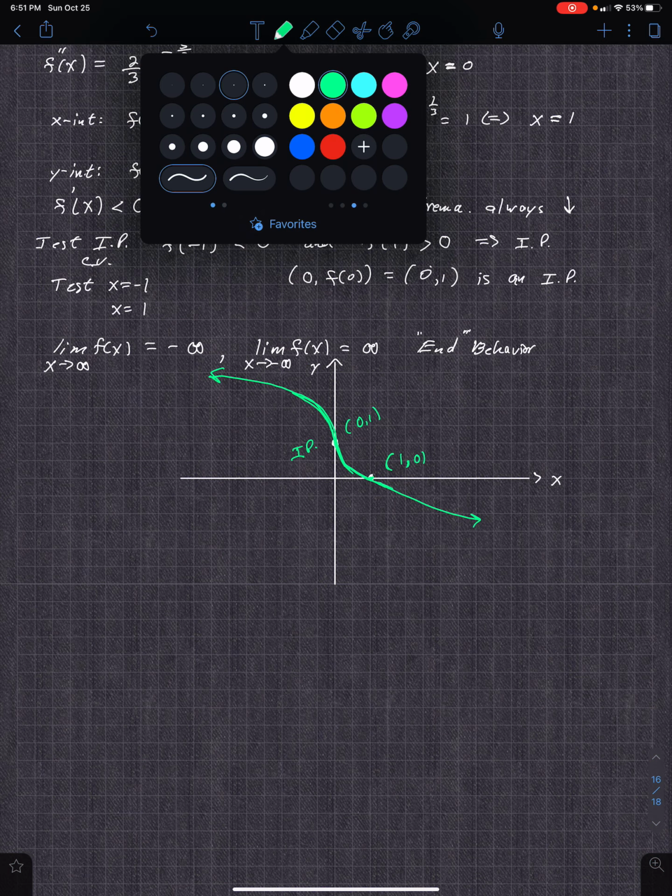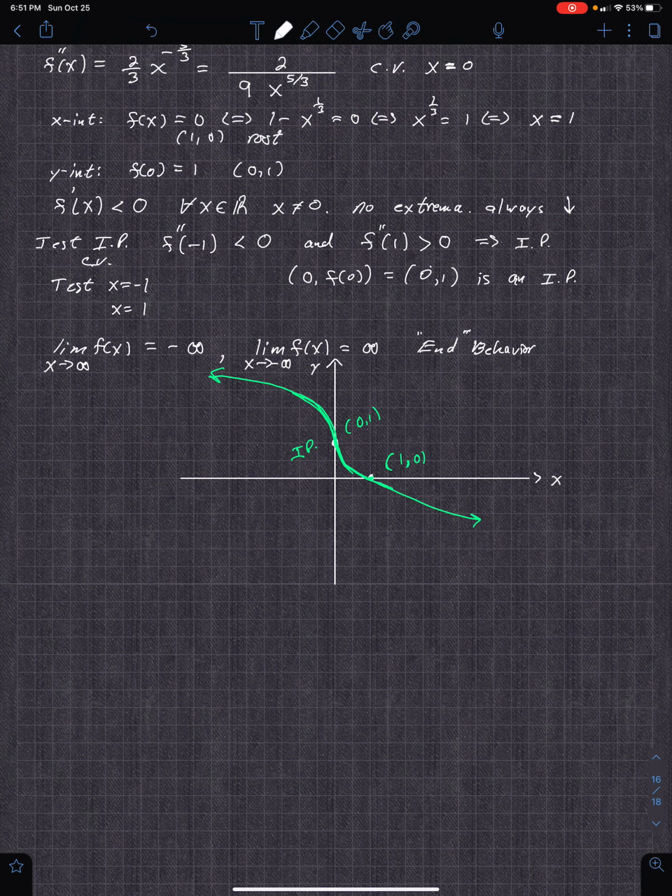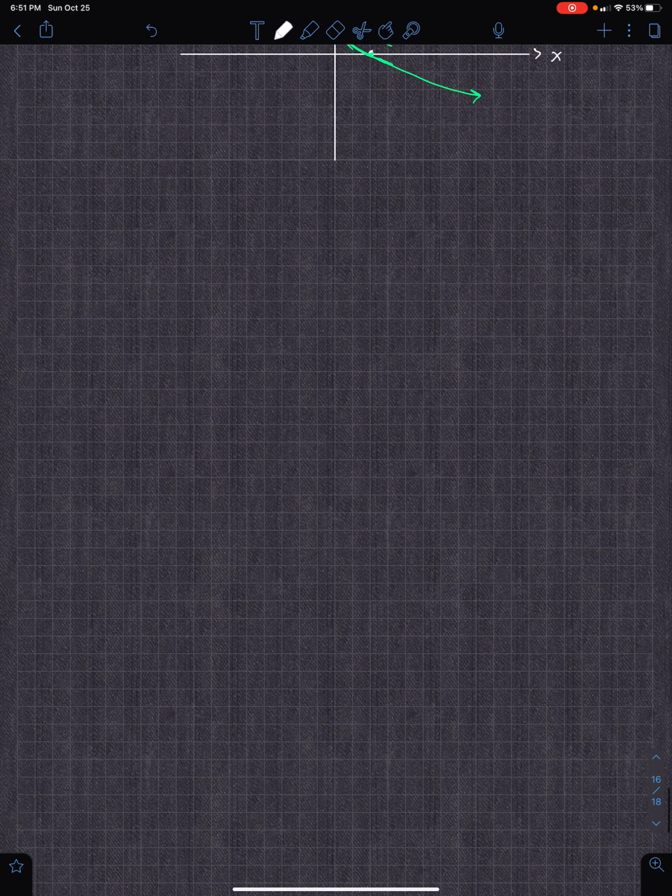Very good. Let's do another one. Next example. Let's see. Here we go. Let f of x equal x to the 2/3 times (x plus 5).